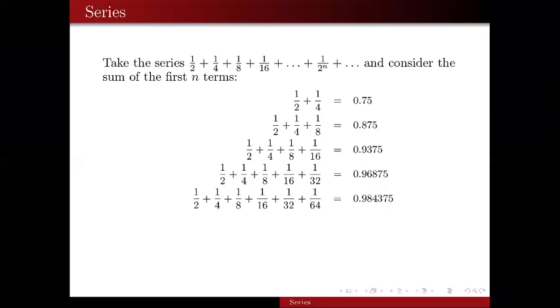First six terms, you'll get this number. Then the first seven terms, 1/2 plus 1/4 until plus 1 over 128, it's 0.9921875.